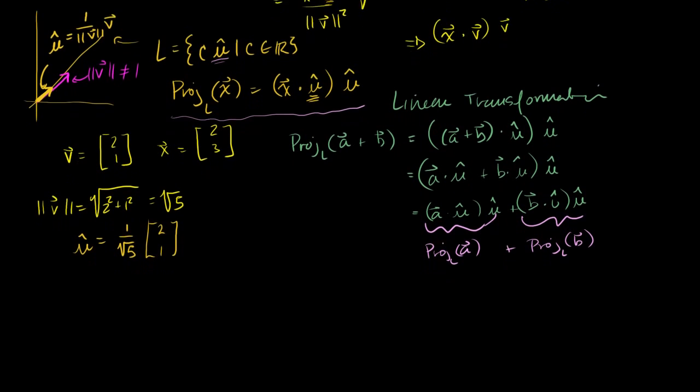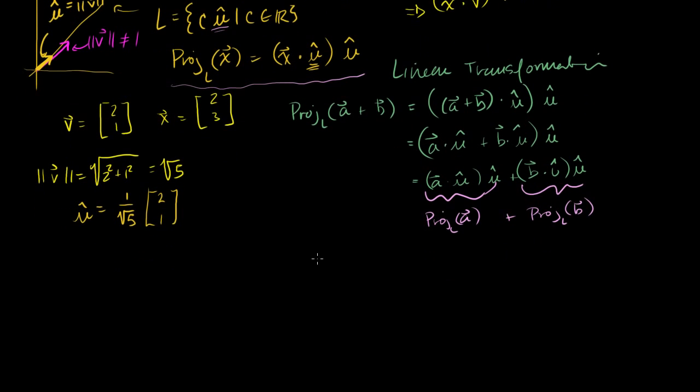Now our second condition is that the projection of a scalar multiple should be equal to a scalar multiple of the projection. Let me write that down. So what is the projection onto L of some scalar multiple of some vector A? Well, that is equal to CA dot our unit vector u times the unit vector u.